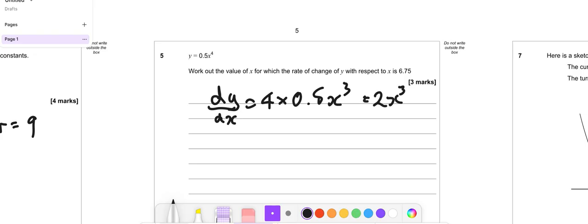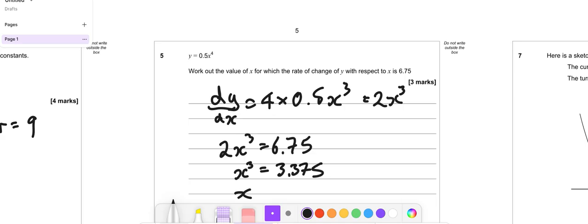And we need to know when 2x to the 3 equals 6.75. x cubed equals 6.75 divided by 2, 3.375, and x is the cube root of that, 1.5.